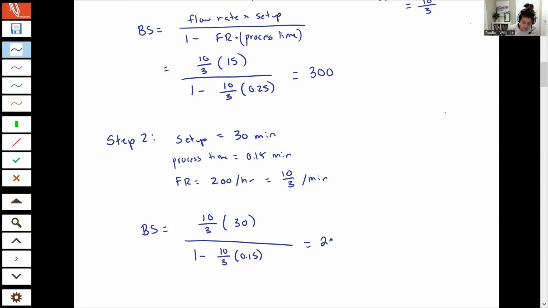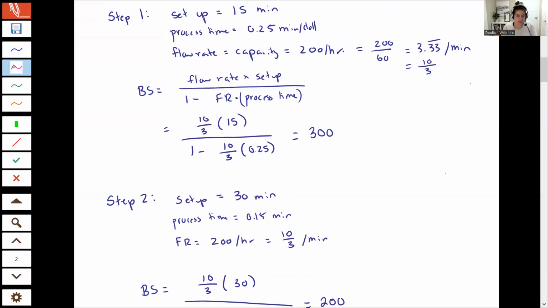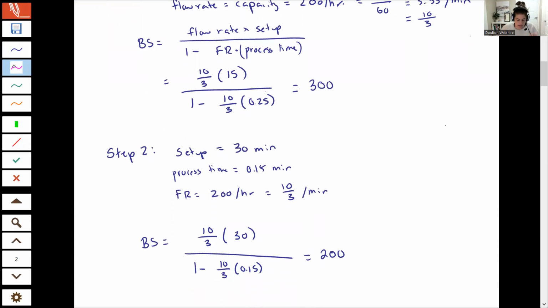So I get 200. Now, this is the thing, is that we can actually only have one batch size in this problem. And what happens is that if I were to use a batch size of 200 in step 1, right? Because the answer is either 200 or 300. But which one is it?